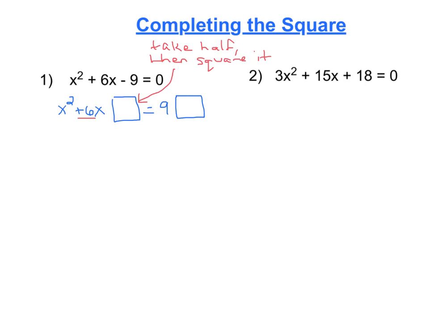Half of 6 is 3, and then we square it. So 3 squared is 9. So we're going to put a positive 9 in this box.